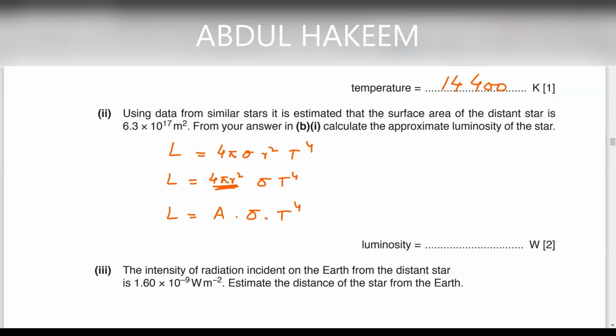Now the question is the luminosity. So the luminosity is equal to the surface area, 6.3 into 10 power 17 meters squared, and the Stefan-Boltzmann constant is 5.67 into 10 power minus 8, and the temperature calculated is 14,400 to the power 4.